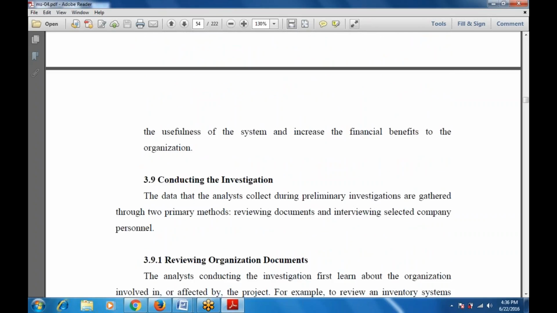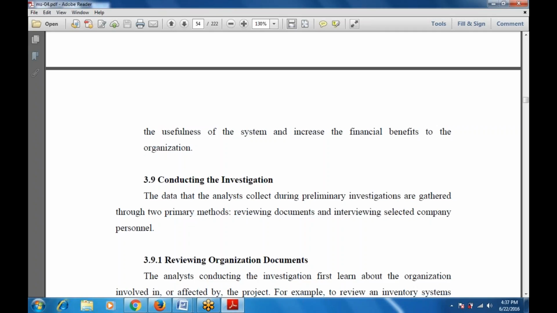Next one is how to conduct the investigation. What are the various techniques or ways by which we conduct the investigation? The data that the analysts collect during the investigation are gathered with the help of two primary methods. What are the two methods by which analysts can gain the information?